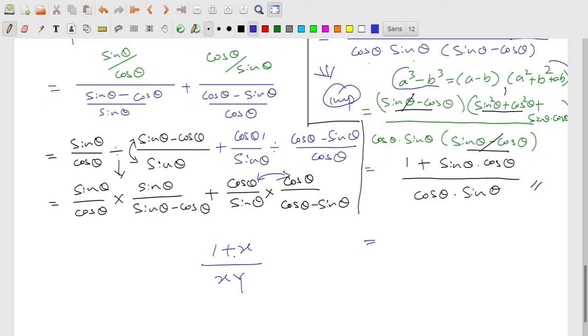This is a common denominator for these two terms, so it can be written as 1 by xy plus x by xy. Similarly, it can be written as 1 by cos theta into sin theta plus sin cos divided by cos into sin.